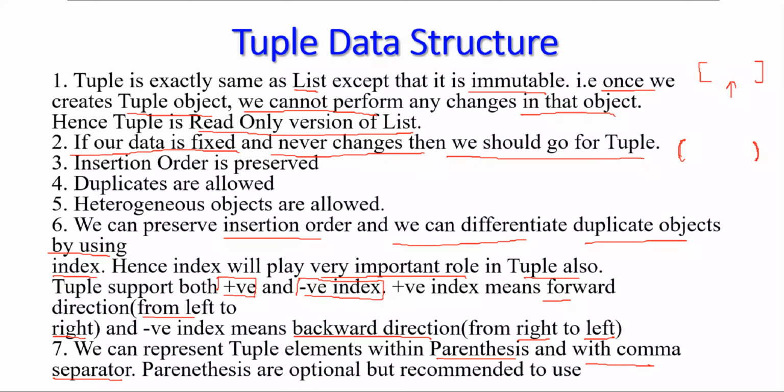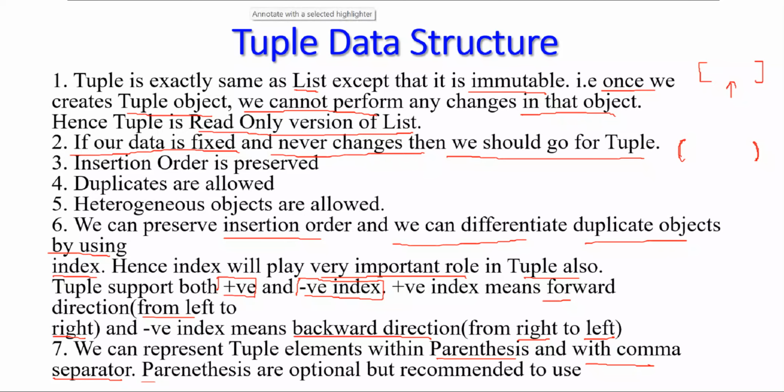Parentheses are optional, but recommended. Even if you don't use the parentheses, you can still create a tuple object. But it is recommended to use parentheses to clearly identify that it is a tuple.